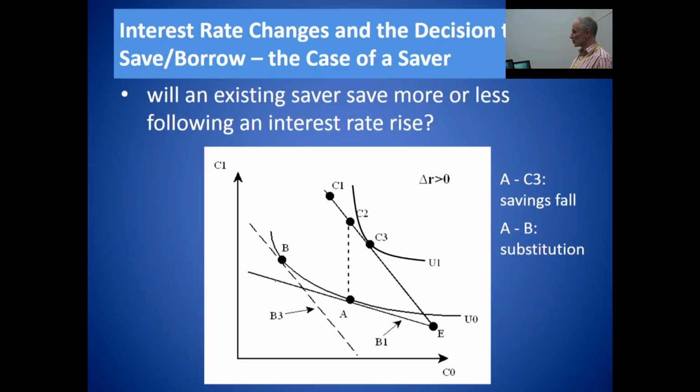That is a substitution effect. So that movement, A to B, is a substitution effect. You substitute away from current consumption and towards future consumption. Well, if that's A to B, it's a substitution effect. What's left, B to C3, must be the income effect.